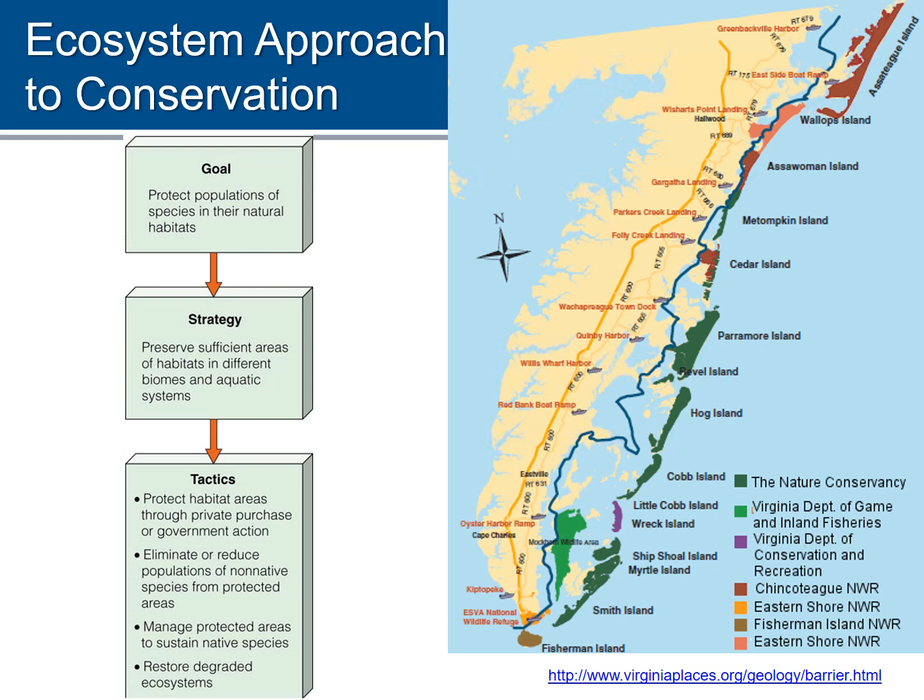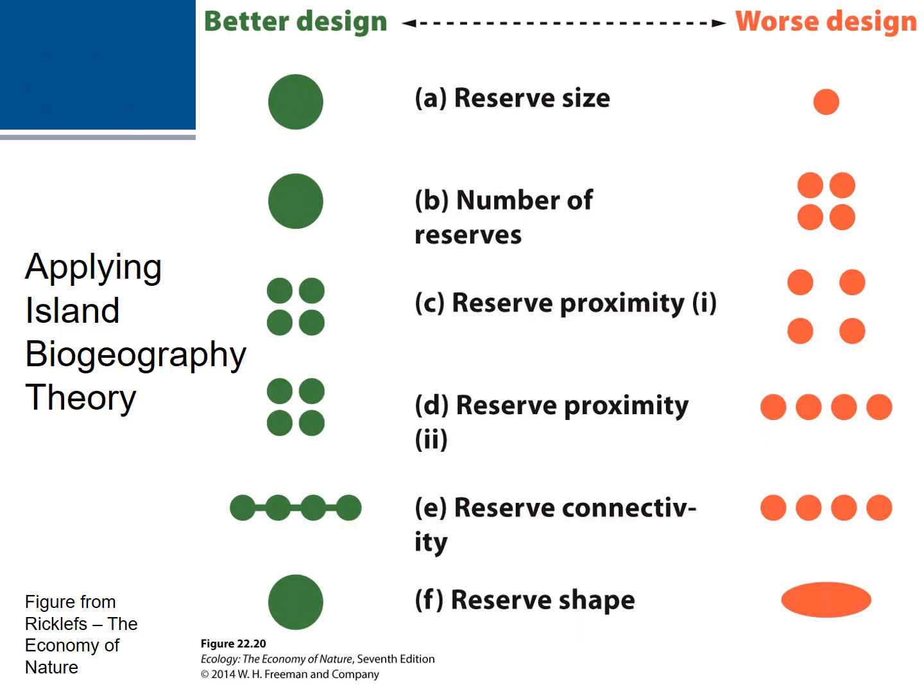Within those areas, they're working to eliminate non-natives, restore native habitats, manage the area for these species that normally inhabit those areas, and restore some degraded ecosystems. So that's an ecosystem approach.